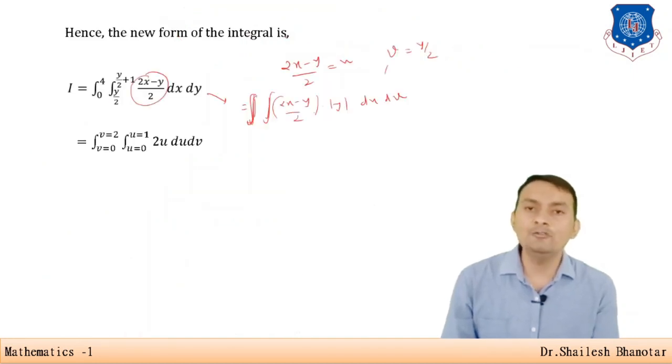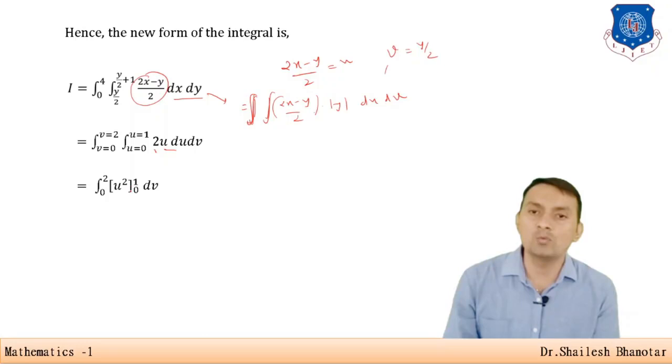So the new form of the integration can be written like that: dx dy is nothing but J du dv, mod z du dv, but mod z is nothing but 2, and this is u du dv. Now you can integrate with respect to u, so u square by 2, and the 2 will be eliminated, so you will get u square over 0 to 1. When you integrate with respect to v, you will get only v over 0 to 2, and when you simplify, you will get the answer, that is 2.